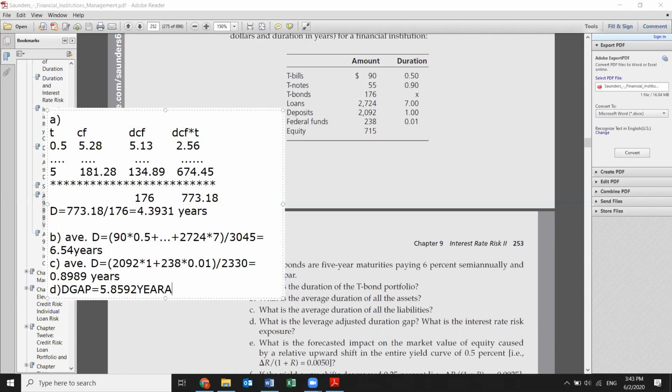So duration gap in here, we have positive sign. That shows that an increase in the interest rate will bring a decrease in the market value of the equity actually.